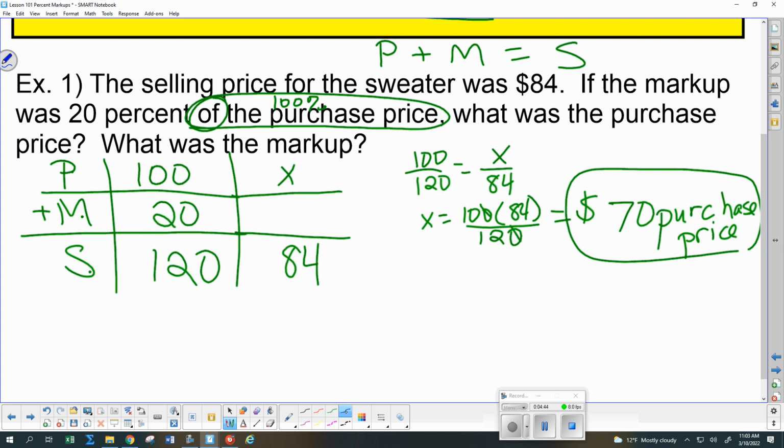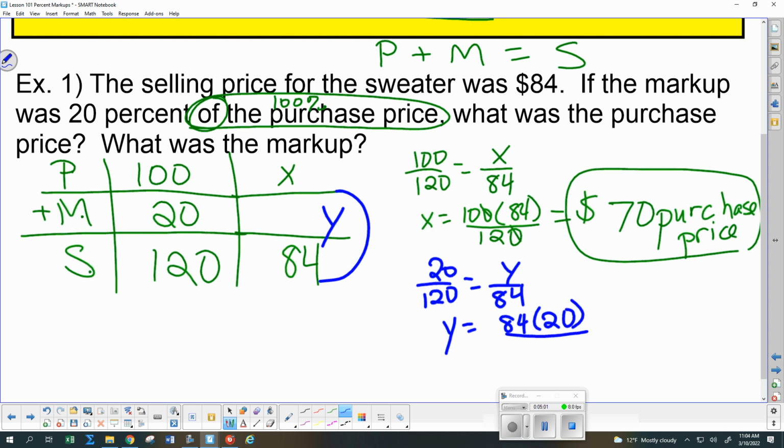Okay, then to get the markup, different variable. Now I'm going to use the bottom two rows. 20 over 120 is Y over 84. Multiply both sides by 84. And y is 84 times 20 over 120.